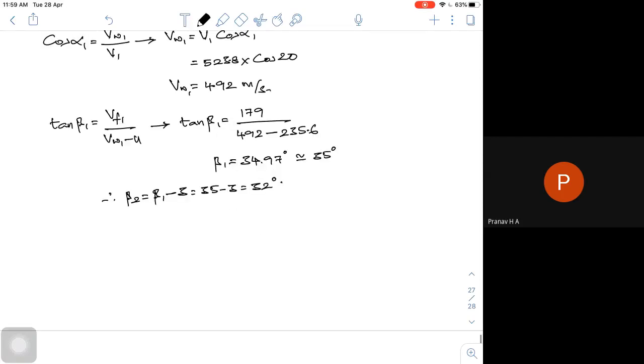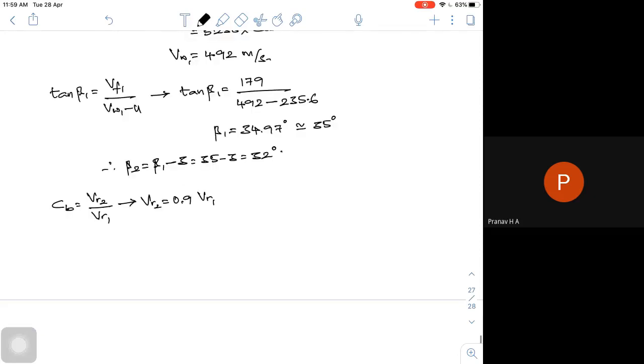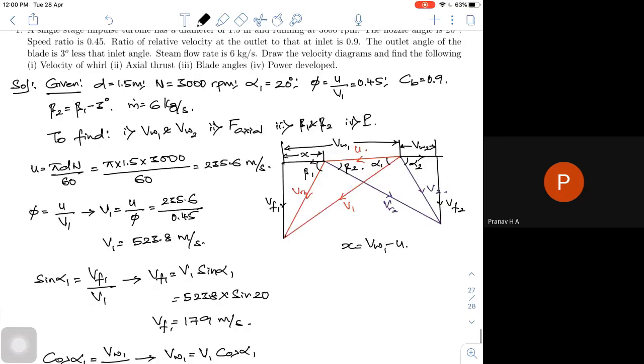And they have given the friction coefficient, that is VR2 by VR1, which is 0.9. So your VR2 is equal to 0.9 times your VR1. I don't know the value of VR1. So if I consider the same triangle, what is my sine beta 1?